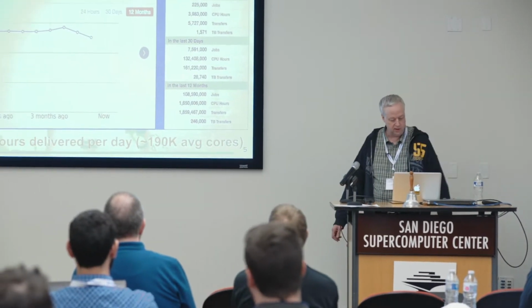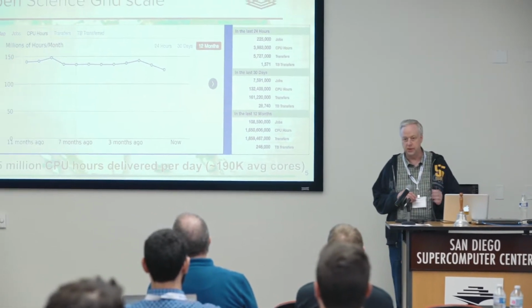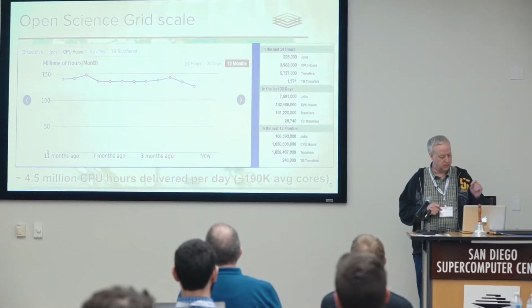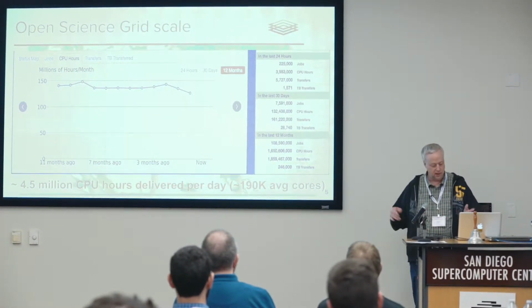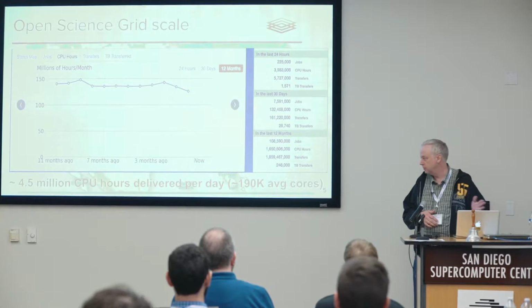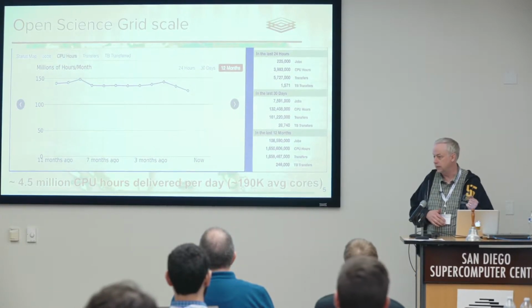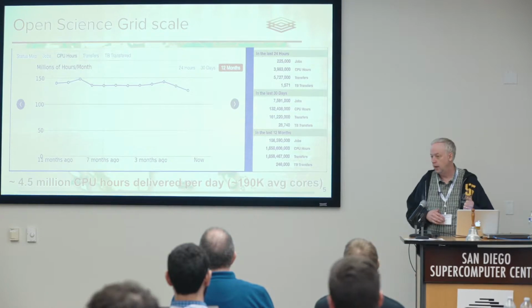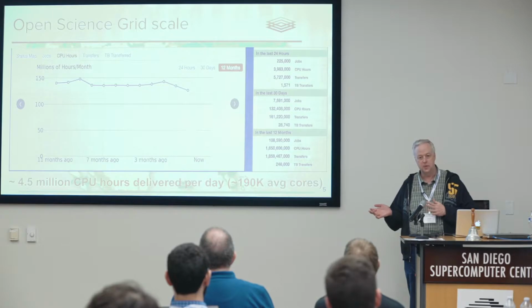So let's talk about the scale. This is the OSG, again, not the WLCG. We like to speak in terms of CPU hours because it's sustained, more than cores. It's been about 4.5 million CPU hours per day in the past year, which, if you divide by 24, is 190K cores.